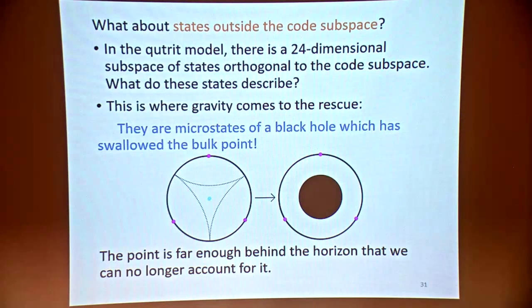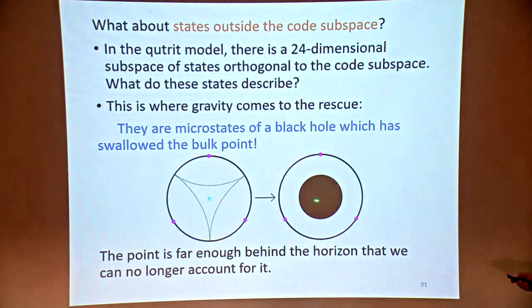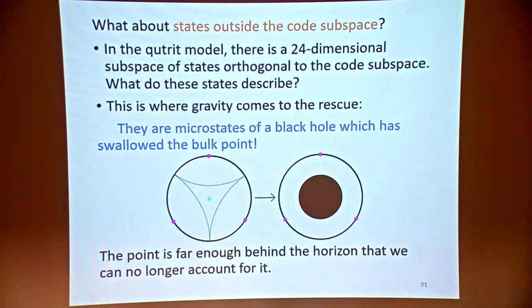If I'm sending that to you and you receive it, it doesn't mean anything to you. It doesn't contain an emergent Qtrit. And in the gravitational side, black hole states are those states where it does not make sense to talk about operators far behind the horizon. So this is a description of black hole states in terms of states outside the code subspace.